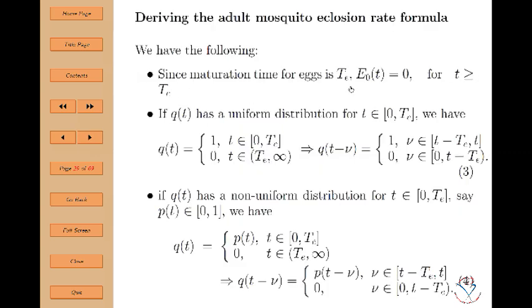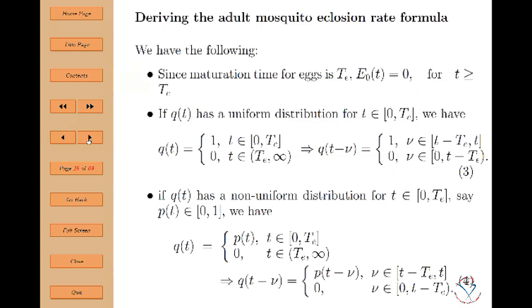Since the maturation time for X is T_E, if Q(T) has a uniform distribution, then the eggs remain unhatched up to time T_E with probability 1 for T between 0 and T_E, and they hatch afterwards. And so Q(T minus nu) is going to take that form there. And if Q(T) is non-uniform, we can also adjust that formula accordingly.